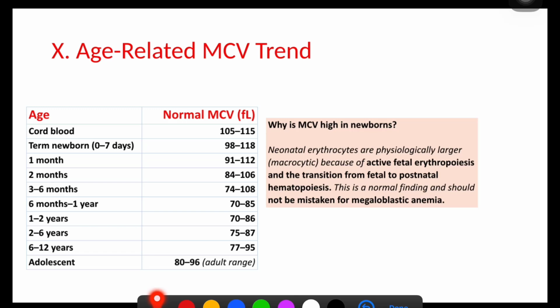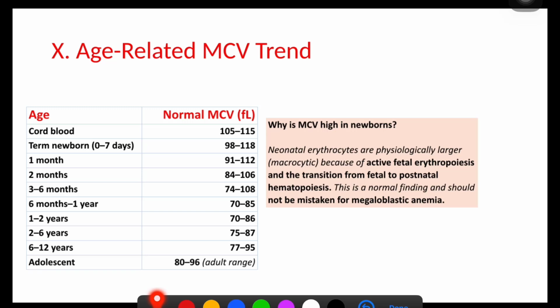At 1 month up to 112, 2 months 106, 3 to 6 months 74 to 108. But 6 months to 1 year it is 70 to 85. So up to 3 to 6 months MCV can show a macrocytic picture.